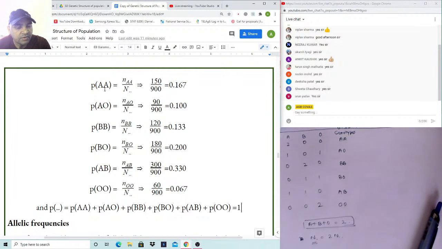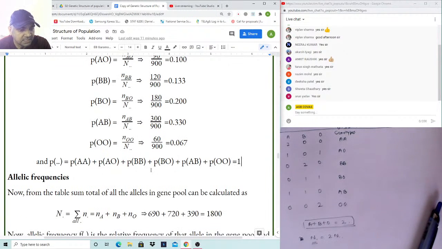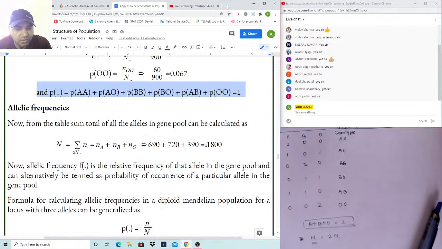The genotypic frequency for the AA genotype is 0.167. For the others it is 0.133, 0.200, 0.330 and 0.067. When you add all these up, you will get 1. Now we have to find the allelic frequency. For allelic frequency, as I told you, either multiply by 2 or add all the alleles available in the population, which is equal to 1800.